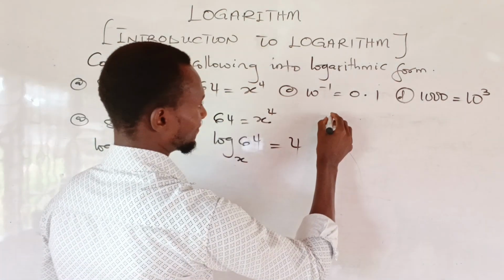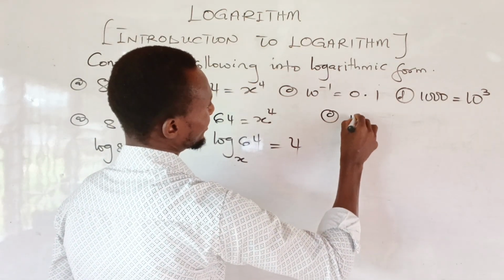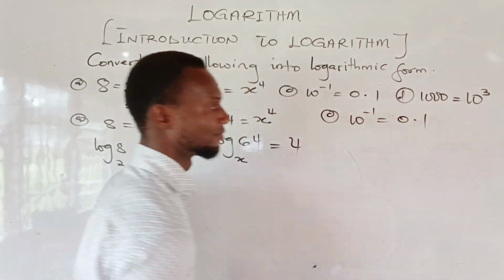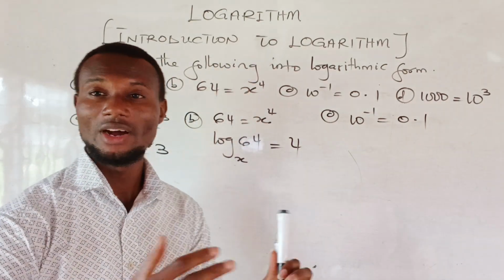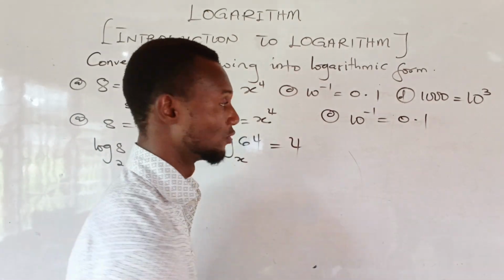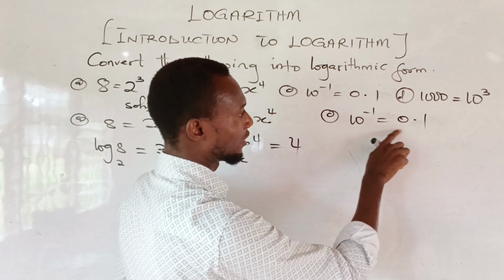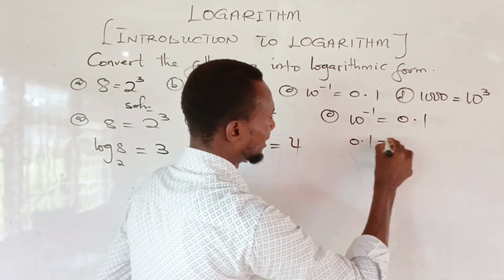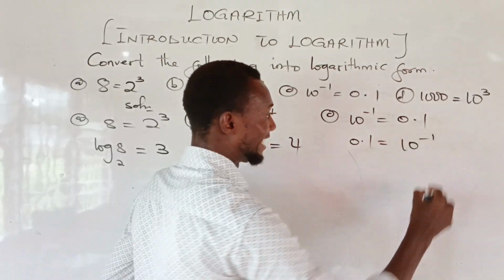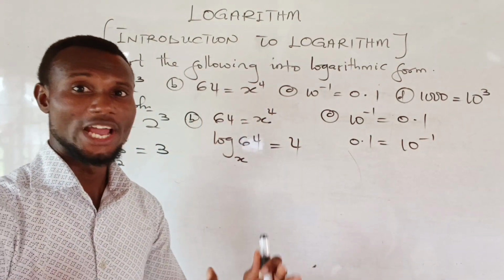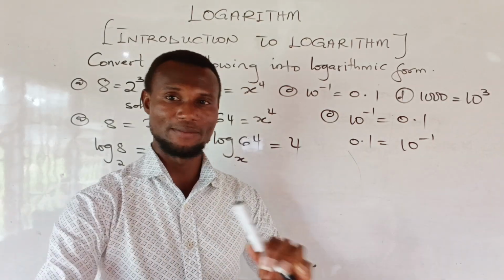For C, I have 10 to the power negative 1 equals 0.1. With C, in order for you not to get confused, let's rewrite it in this form. 10 to the power negative 1 equals 0.1 is the same as writing 0.1 equals 10 to the power negative 1, so that it looks like the previous ones and you don't get confused. We are going to follow the same process.